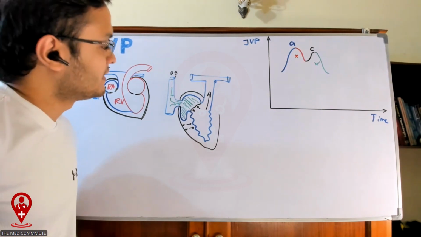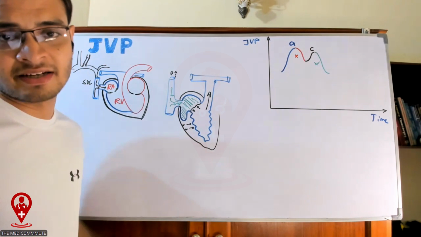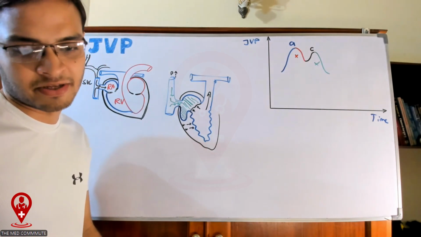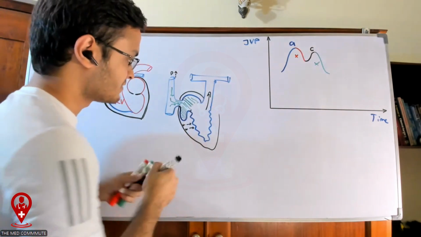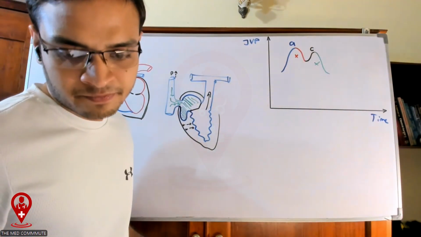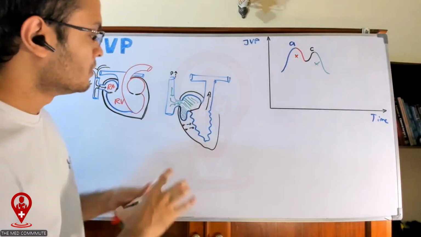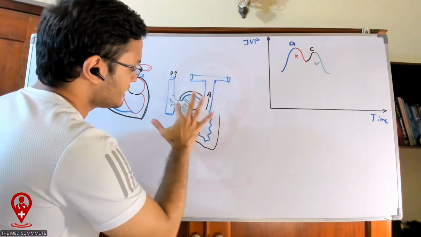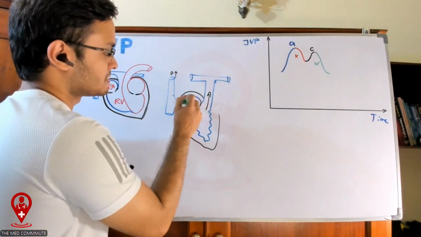Then, guys, now what are we going to get? We are going to get a continued relaxation of the right atrium while the tricuspid valves are closed shut. So what are we going to get, guys? The blood starts pooling into the right atrium. I will start coloring it in, put some green dots.